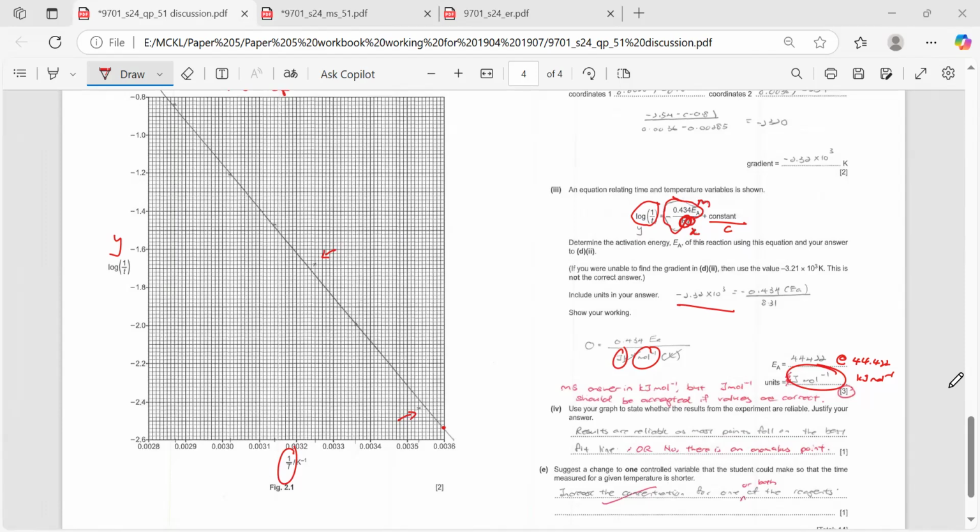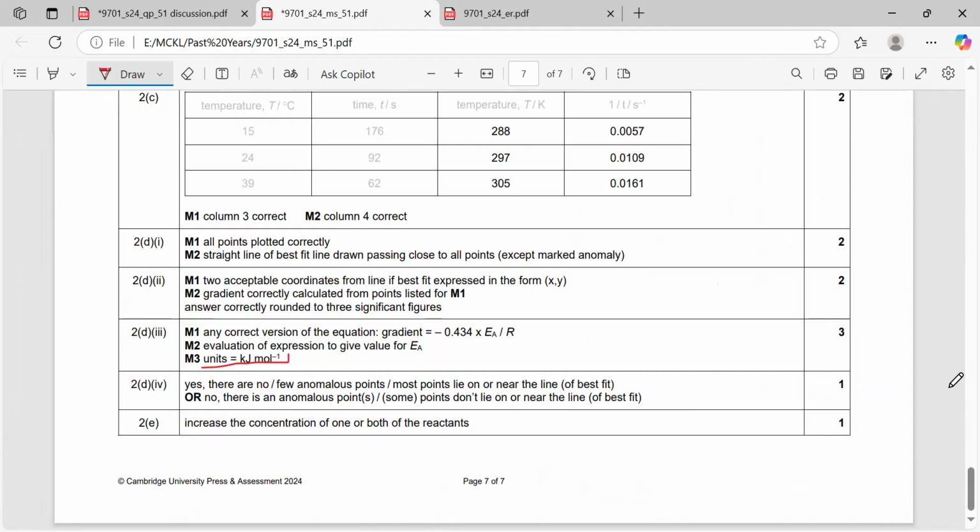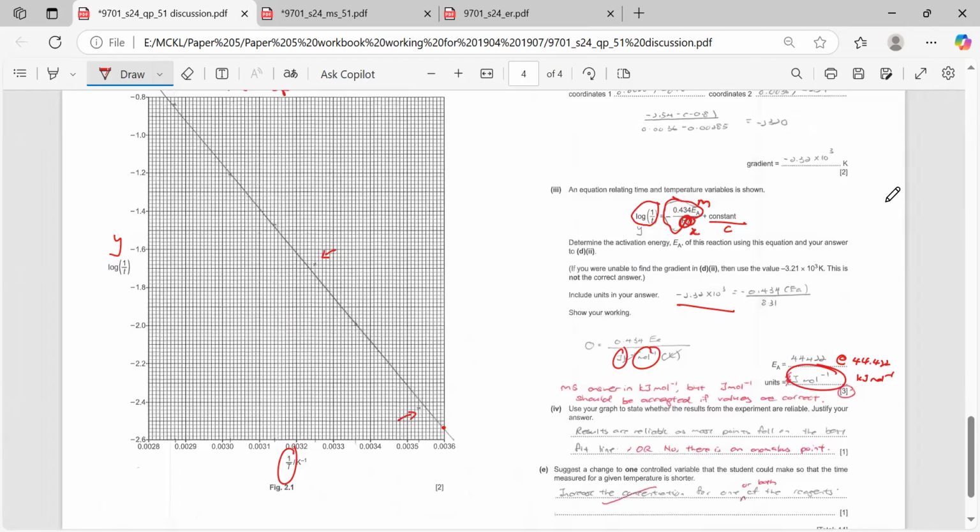So therefore, I think my results are reliable. So can we look at the marking scheme? Is there any other alternative over here? So they say that, yes, my results are reliable. There are no or few anomalous points, or most points lie on the best fit line. Or you also can answer no, my results are not reliable. There is an anomalous point, or some of the points do not lie near the best fit line. It really depends on how you think, but you have to give an explanation.